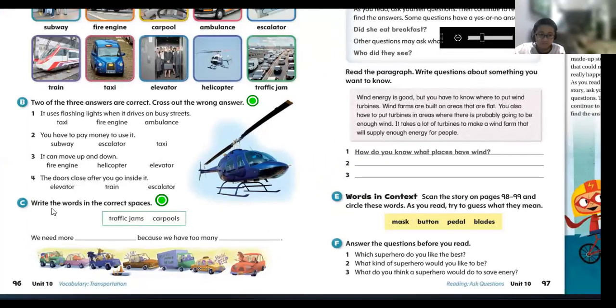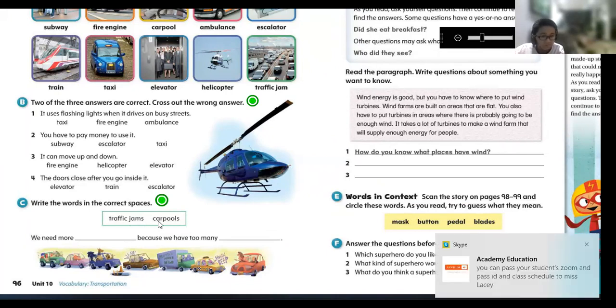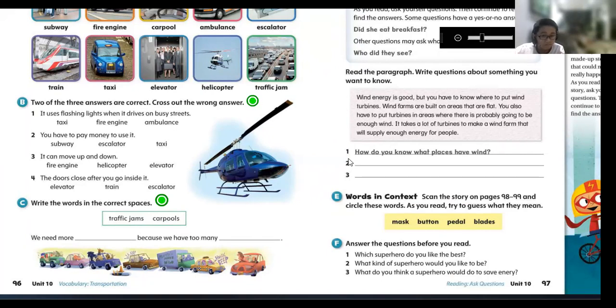Now here, write the words in the correct spaces. You can just choose there, like traffic jams and carpools.